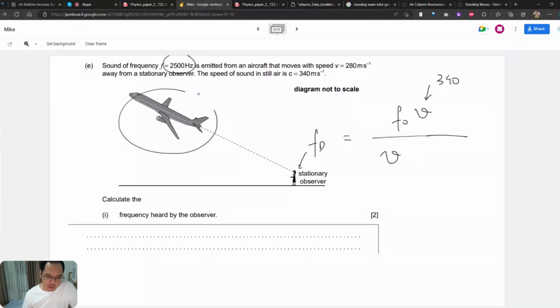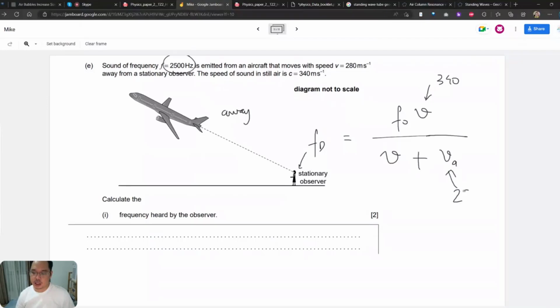When the source of sound is moving away, the frequency is lower, and therefore we need to add the speed of the airplane.